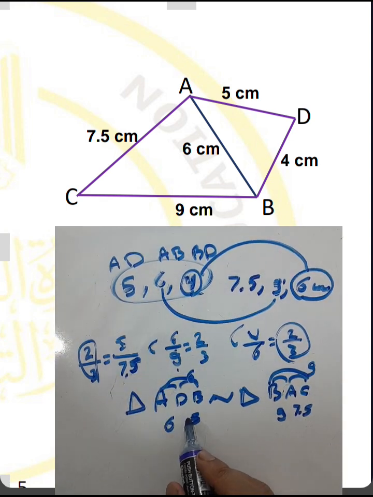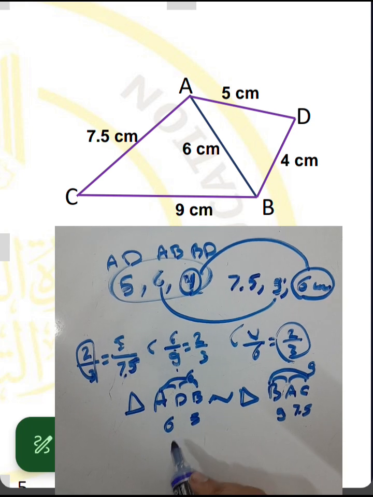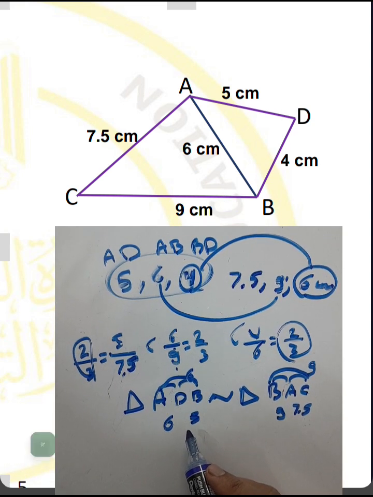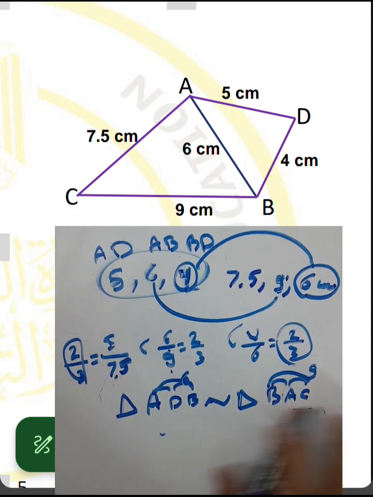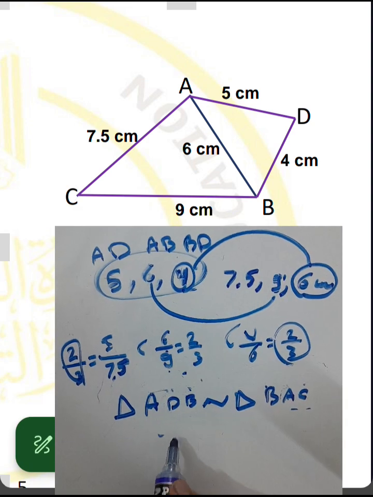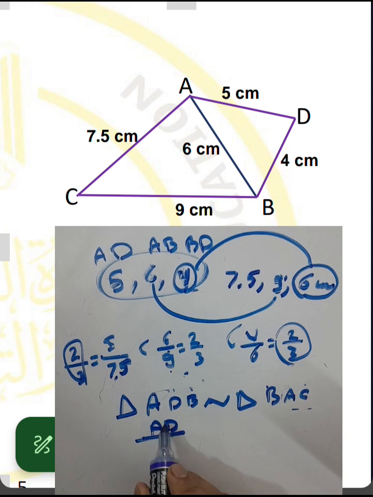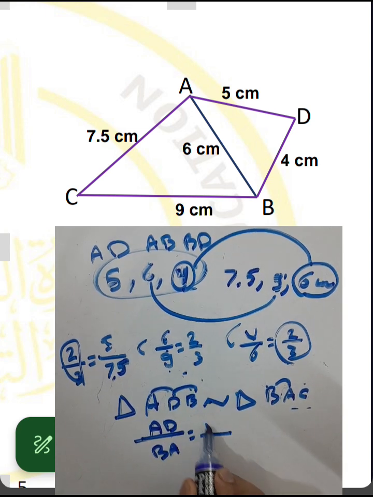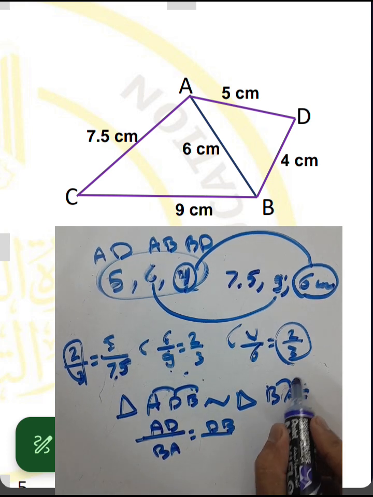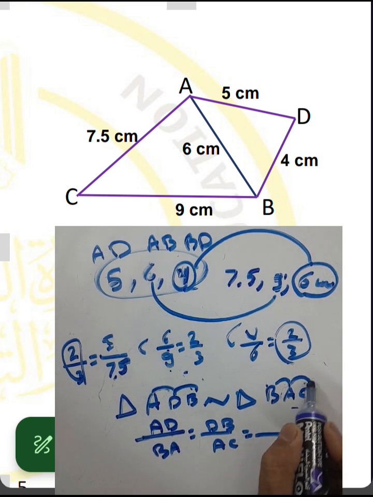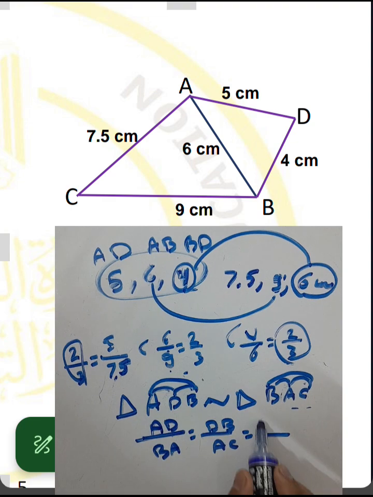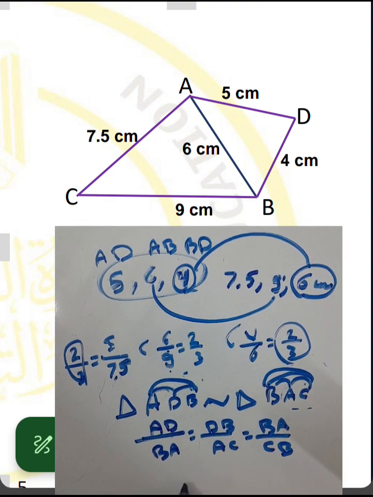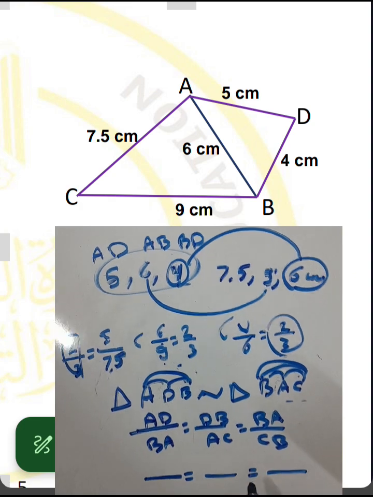ADB again, ADB and BAC. You can write similar between them. AD over BA equals DB over AC equals BA over CB, and then you must show the results.